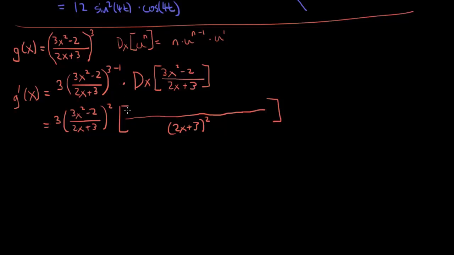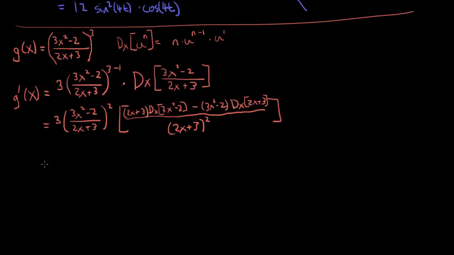It says we take the bottom function, which is 2x plus 3, and multiply it by the derivative of the top, which is 3x squared minus 2. Then we subtract off the top function, 3x squared minus 2, times the derivative of the bottom function, 2x plus 3.